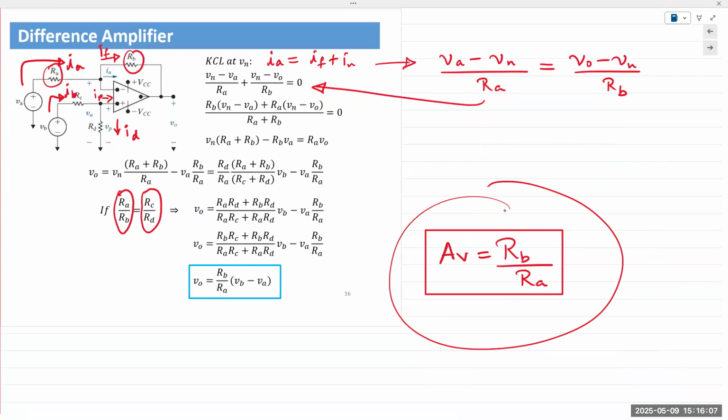We take the ratio RA to RB, and that ratio must be the same as the ratio of the two resistors on the non-inverting side, which is RC and RD, which are these two right here. If we do that, then we can obtain an expression in terms of the feedback resistance and RA.